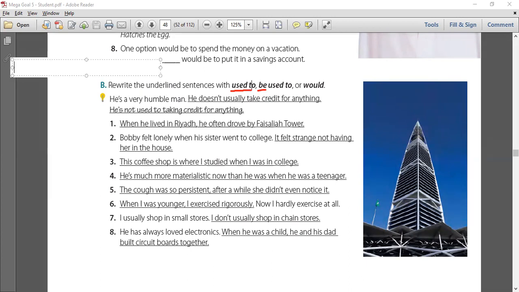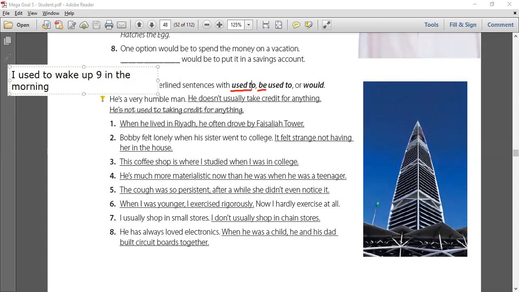One is in the past and one is in the present. Very good. So when I say I used to wake up at 9 in the morning, now, do I wake up at 9 in the morning? If I said this sentence, you will understand that no, I don't wake up at 9 in the morning.